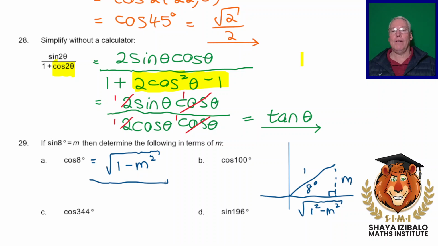Okay, cos of 100. Well, that's a reduction idea. Remember, all sine, tan, cos.